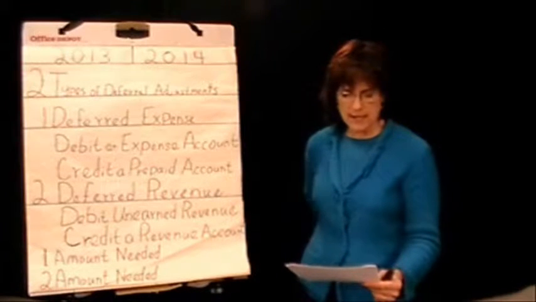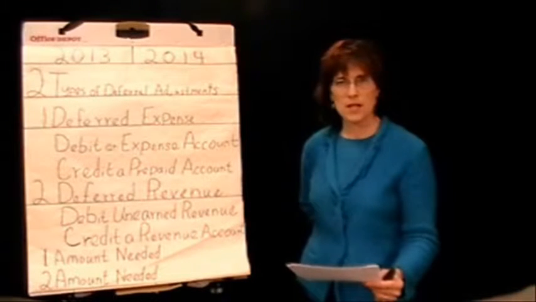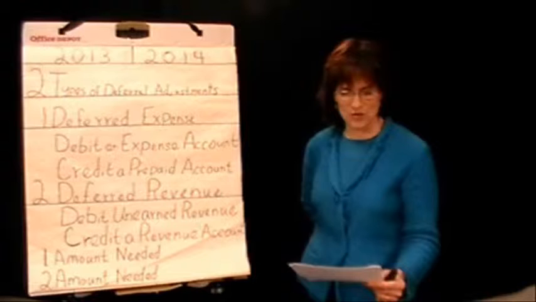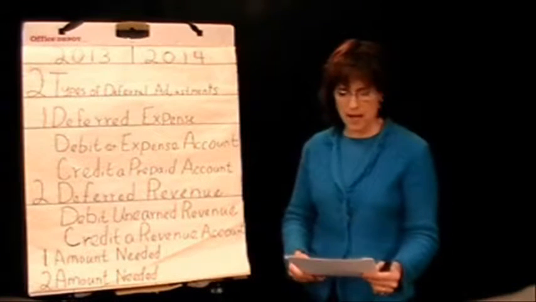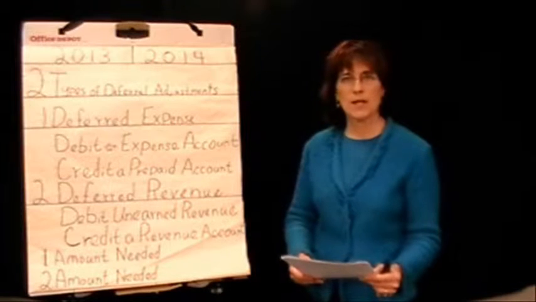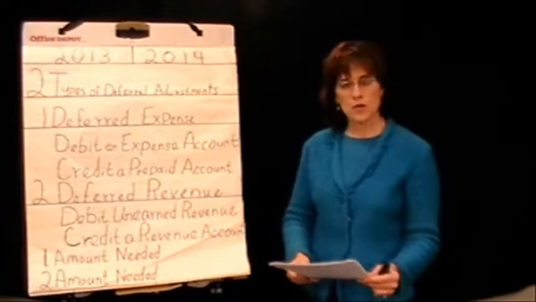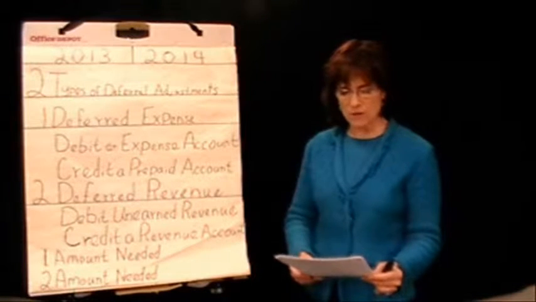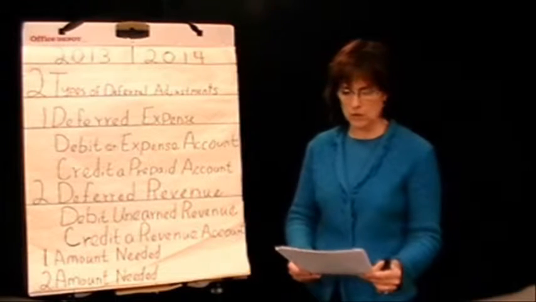The first one says the balance of the unearned fees account before adjustment at the end of the year is $32,000. But after a careful review, we realized that the amount should be $21,000. The first question is, what is the amount needed to reflect the $21,000 current balance in unearned fees?